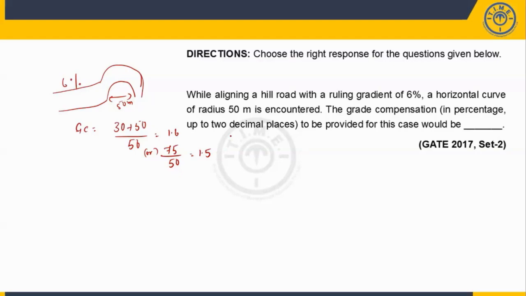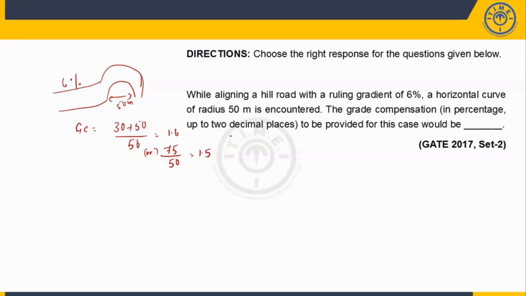After this, we got the grade compensation as 1.6 percent or 1.5 percent.